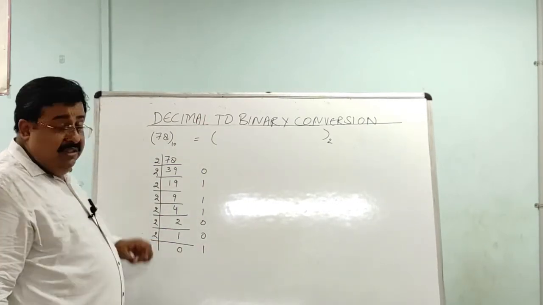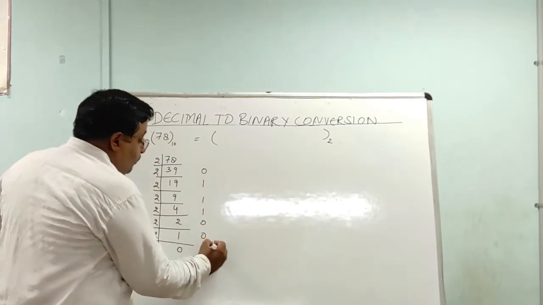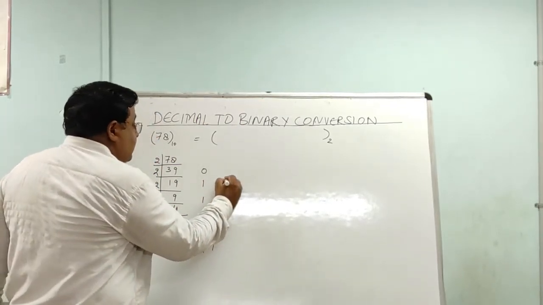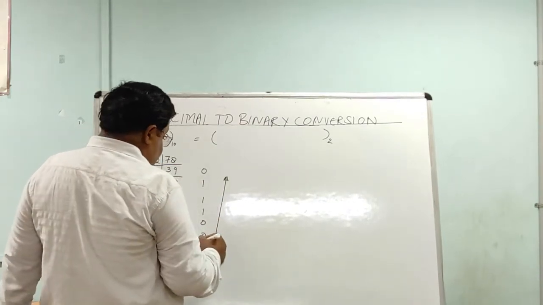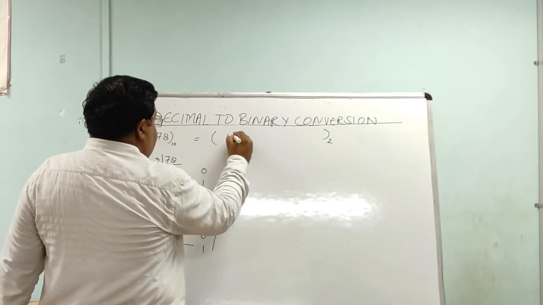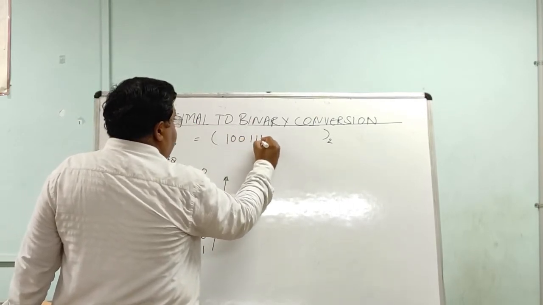Now, since we have reached 0, we cannot proceed further. So, we are going to write the remainders from bottom to top. Okay? So, it will be written as 1 0 0 1 1 1 0.